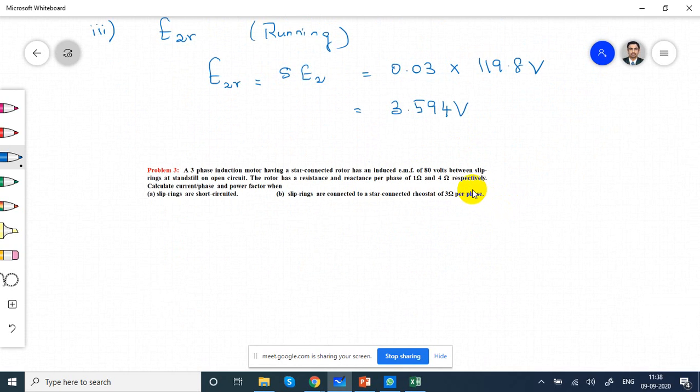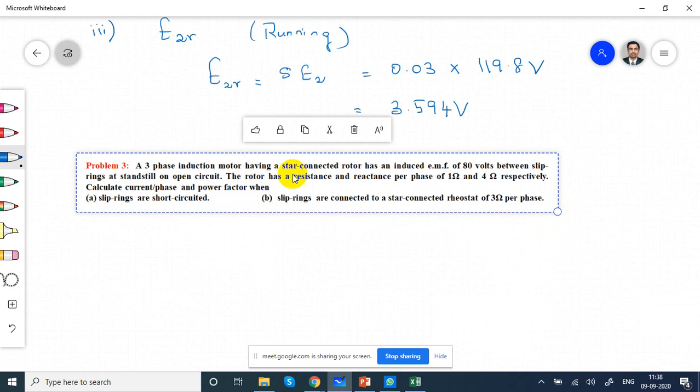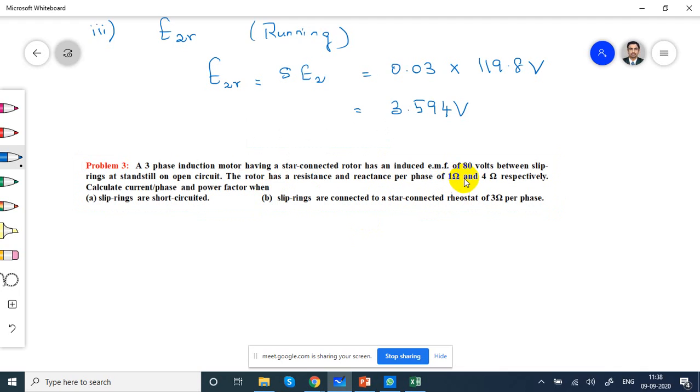Next, third problem. A three-phase induction motor having a star connected rotor has an induced EMF of 80 volt between slip ring at standstill on open circuit. The rotor has a resistance and a reactance per phase of 1 ohm and 4 ohm respectively.